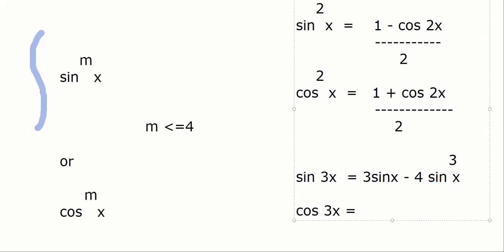It is ulta, 4 cos cube x. Good thing about trigonometric formulas is they are symmetrical. If you get a little bit of sense of symmetry, it becomes easier. No need to mug up. So if you use these for sine square x, cos square x, sine cube x, cos cube x, it becomes very easy to integrate.